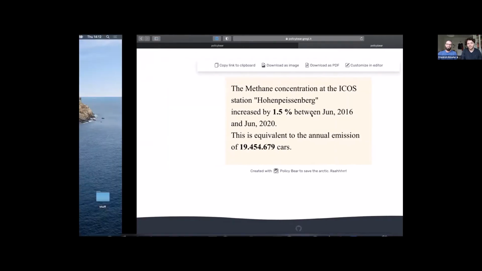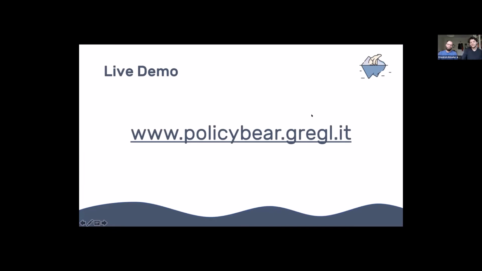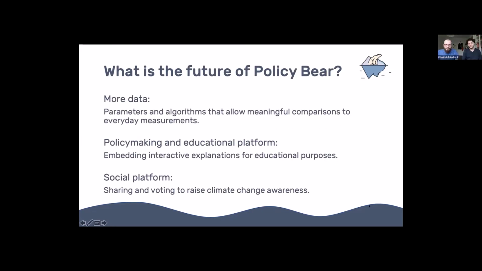Okay, so that was the short demo. Let's continue with where we want to see Policy Bear in the future. Yeah, so that was the current state of Policy Bear, but where are we with Policy Bear in the future?